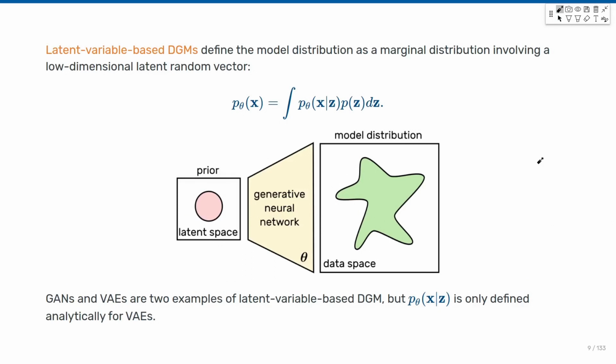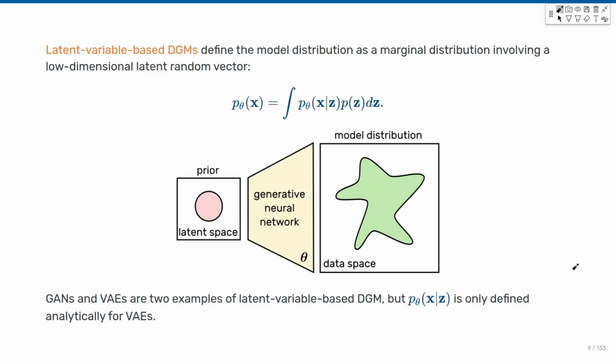Finally, we have deep generative models based on latent variables. In these models, we introduce a low-dimensional latent random vector z, and the model distribution is defined by marginalizing the joint distribution of x and z with respect to z. The prior distribution over the latent random vector z is usually very simple, typically a Gaussian with zero mean and identity covariance.